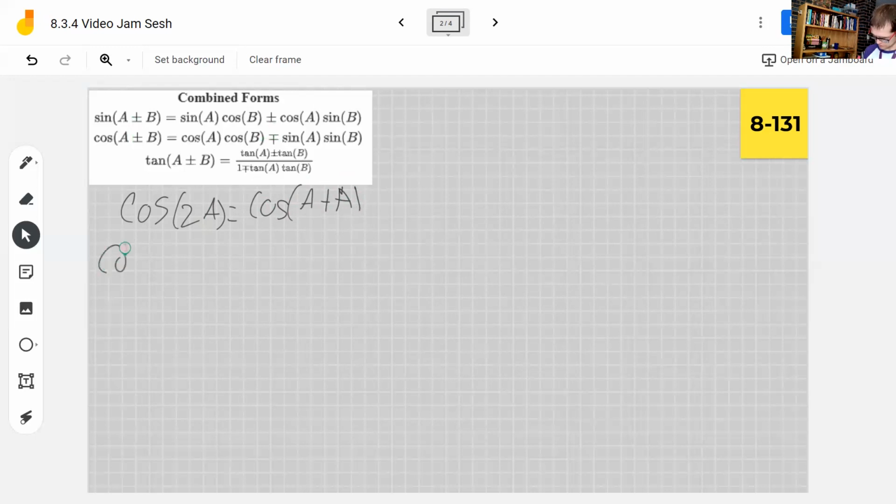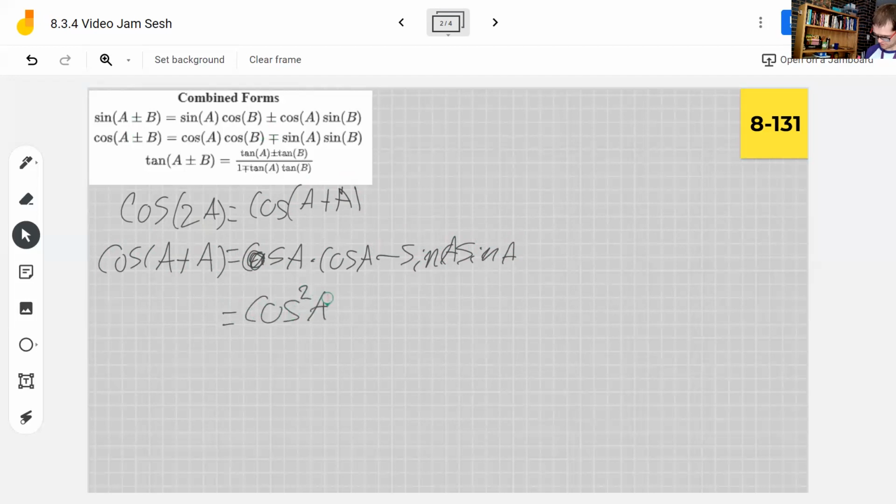Cosine of A plus A equals cosine of A times cosine of A minus sine of A times sine of A. Let's rewrite that. It's cosine squared A minus sine squared A. Boom.